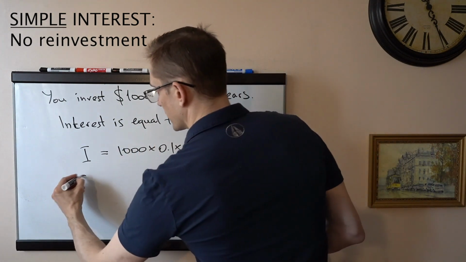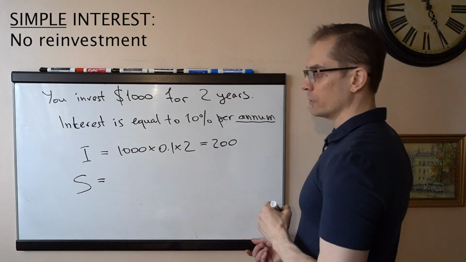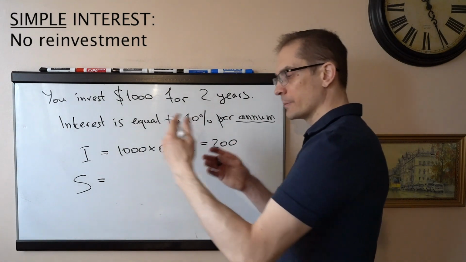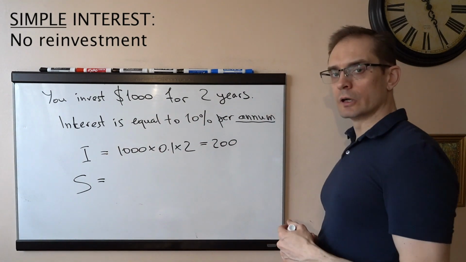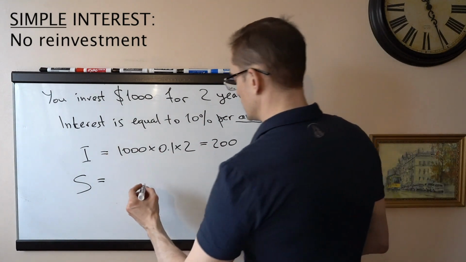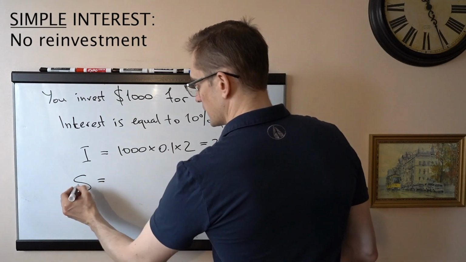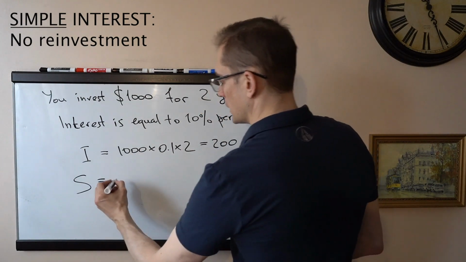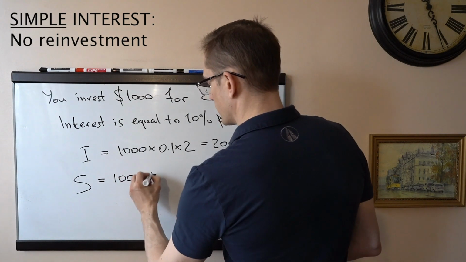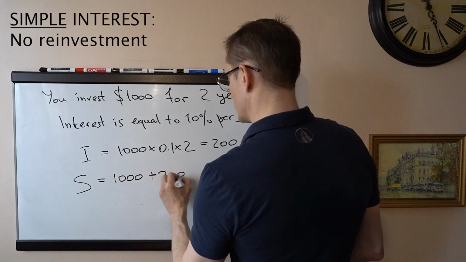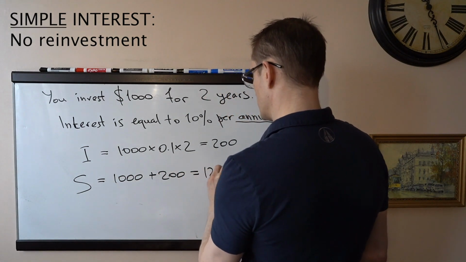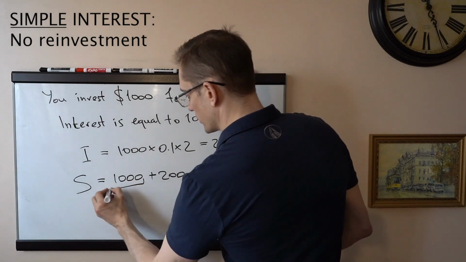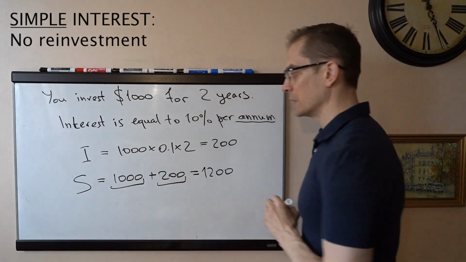And if you are coming to the bank after 2 years to pick up your investment, then it will result in the future value of 1,000 plus 200, which is 1,200. So you will pick up your principal plus your interest.